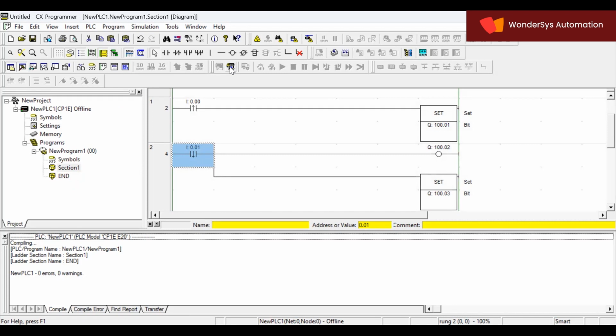Whenever you are using a set instruction, you have to go along with the reset instruction, because once it gets set, it will not get reset unless you reset it. And you have to use the same address, not a different address. So, clear, rising edge and falling edge.